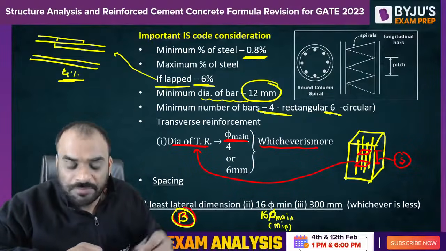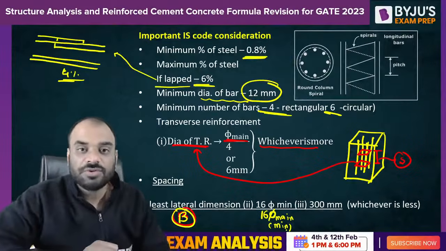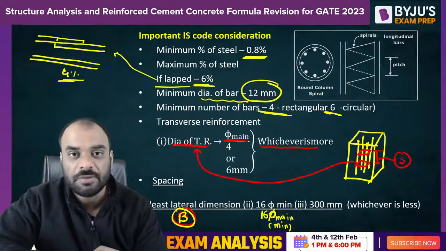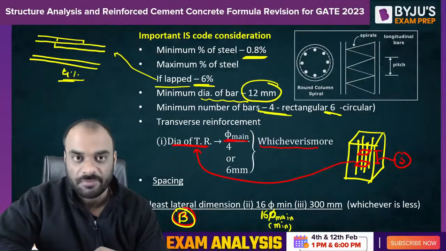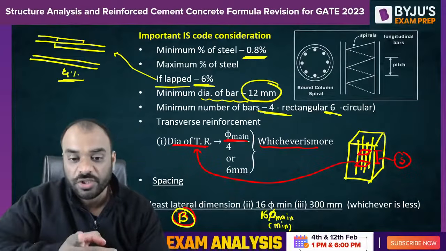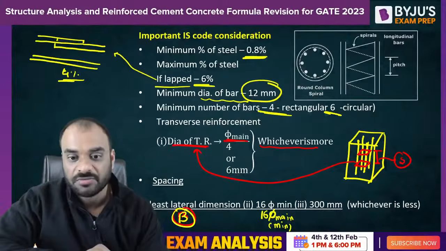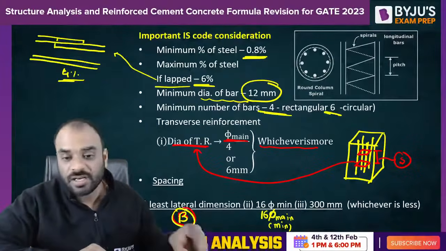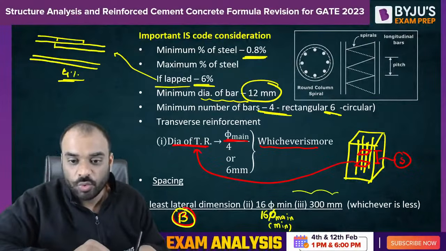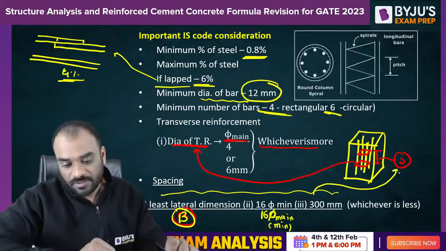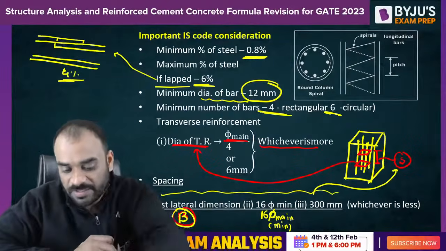Let us suppose you are using two different dia of main reinforcement, one is 20 mm, second is 18 mm. So you need to use 18 mm in place of 20, right? Next one is 300 mm. So out of these three values, whichever is lesser, that will be your permissible spacing.